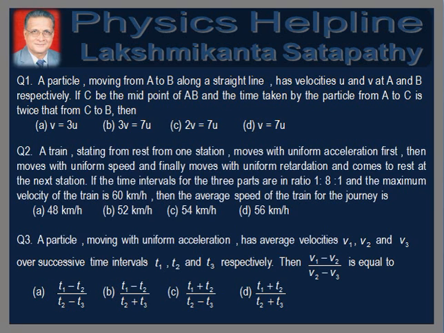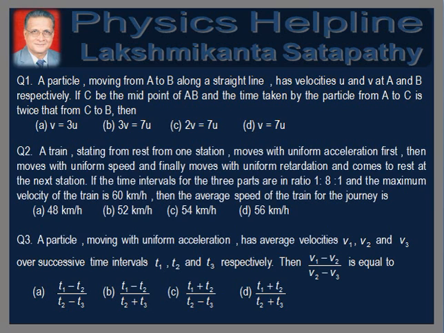If the time intervals for the 3 parts are in ratio 1:8:1 and maximum velocity of the train is 60 km per hour, then the average speed of the train for the journey is, the options are 48 km per hour, 52 km per hour, 54 km per hour and 56 km per hour.